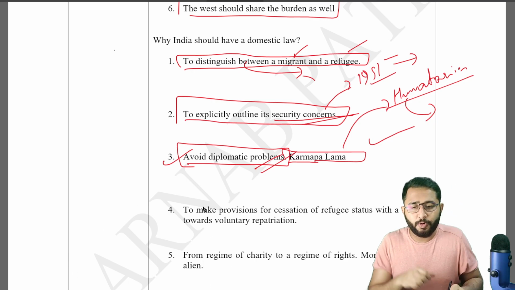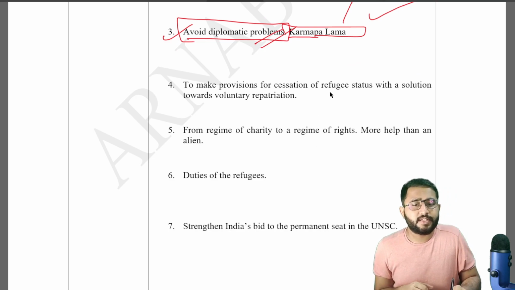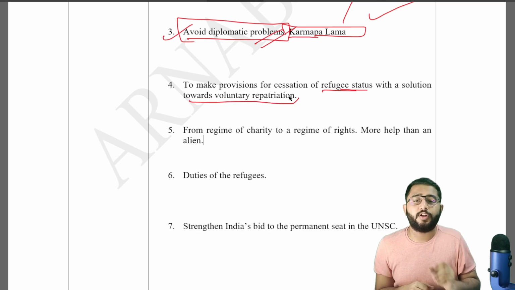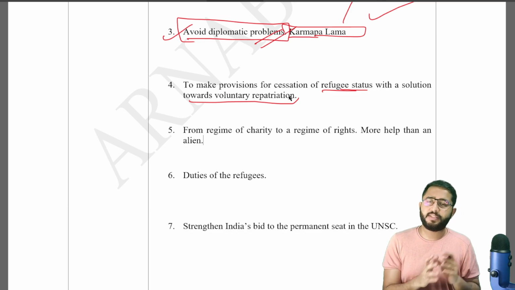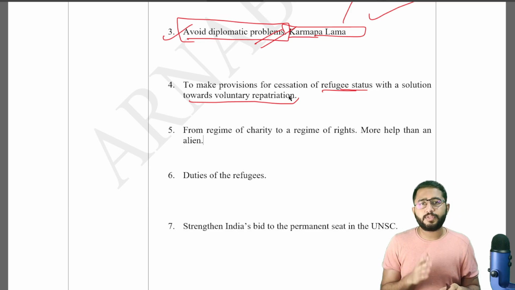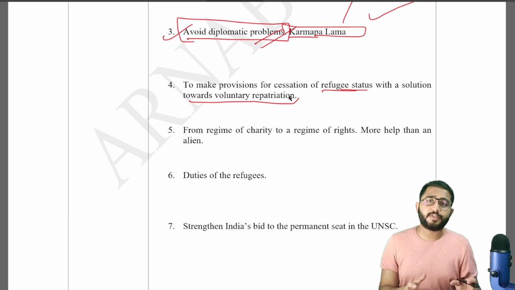Number 4, we have, if India makes provisions for cessation of refugee status with a solution towards voluntary repatriation. Now, if you have a domestic refugee law, you'll be able to say who I am going to include as a refugee, and who, having done certain problematic things, will have their refugee status taken away.